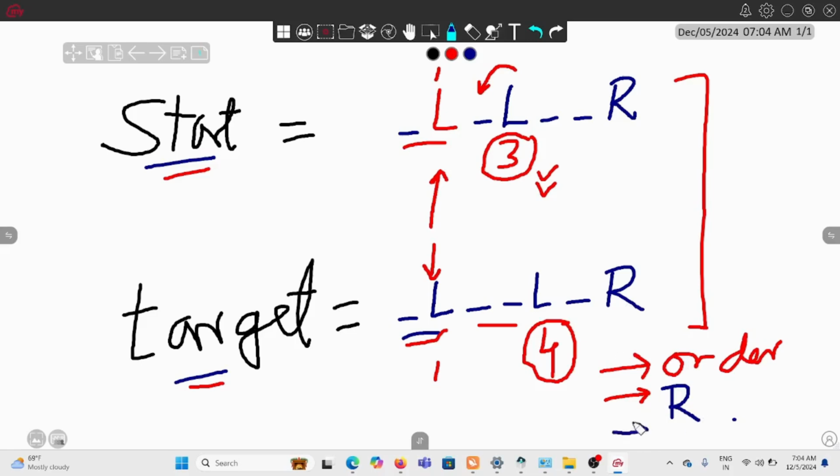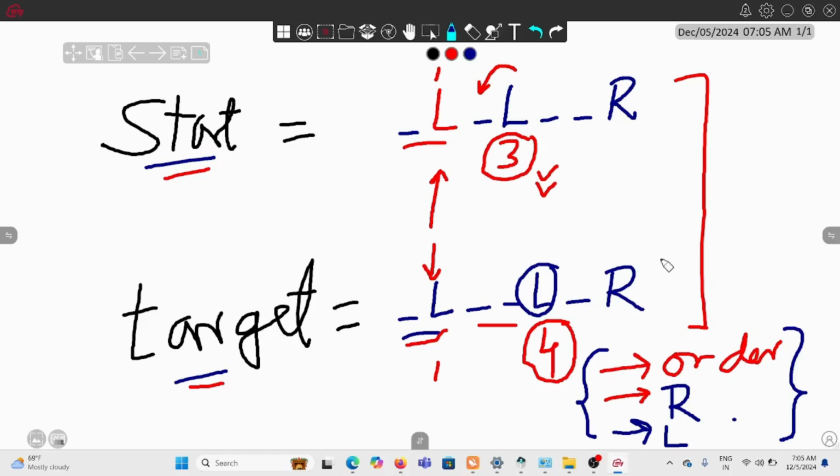And similarly for L, L should never be greater than the L of this, because L can only further decrease its index. So these three conditions we have to take care of. If we are not getting caught, then our things would be fine, right? So this is what we have to do.